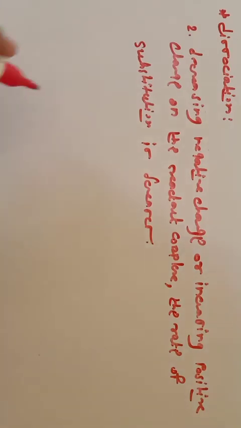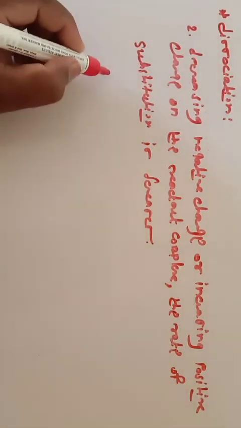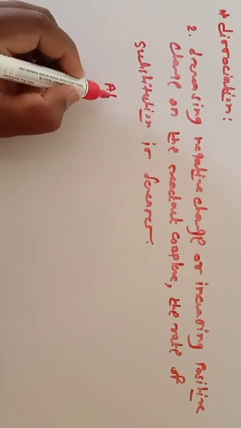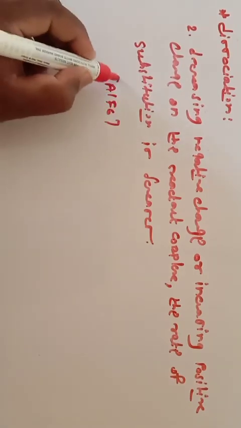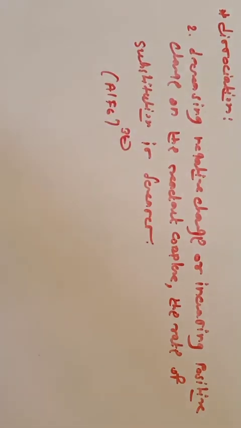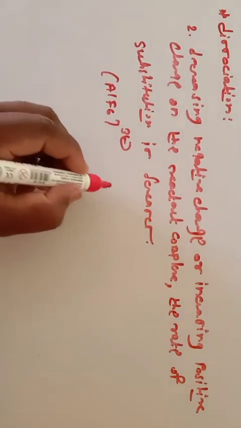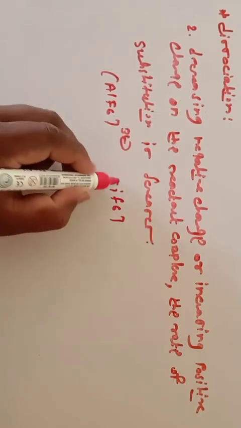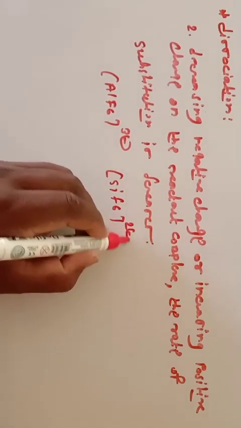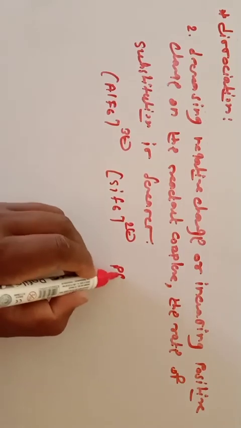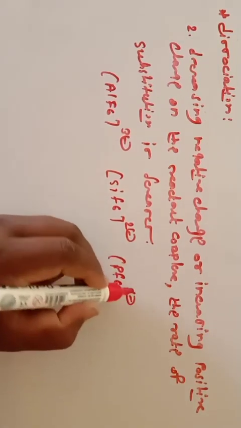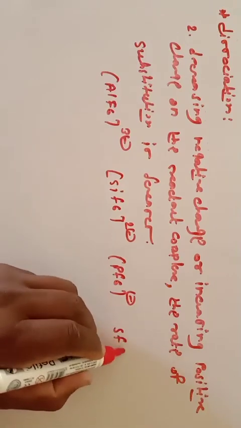Let us discuss an example, considering the oxidation state of the central metal atom and the charge on the complex. Consider AlF6 3 minus, then SiF6 2 minus, then PF6 minus, and finally SF6.